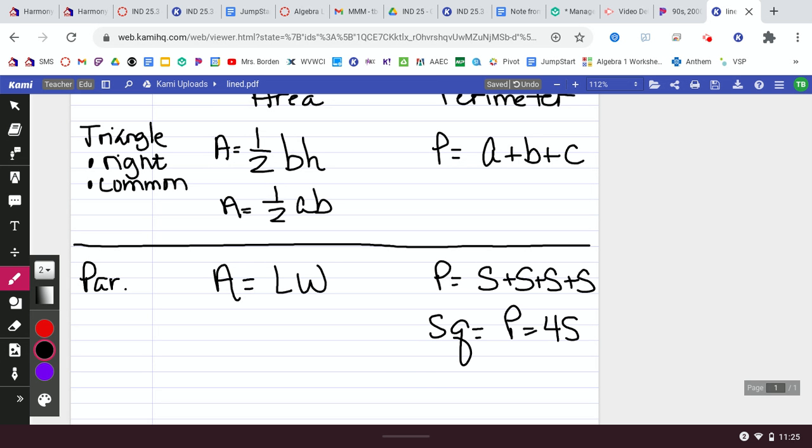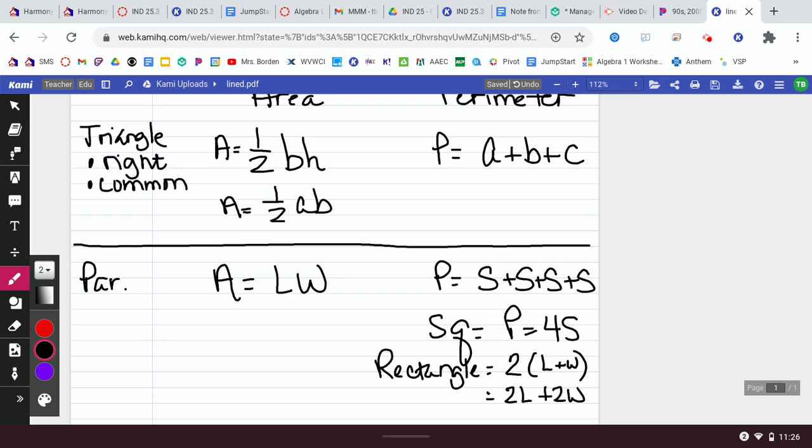And for a rectangle, you can even simplify it a little bit more: you can do 2 times the length plus the width. Same thing. 2L plus 2W, right? That's another way to do it. Like what Corbin just said, 2L plus 2W, because if you think about a rectangle, there are 2 lengths and 2 widths.